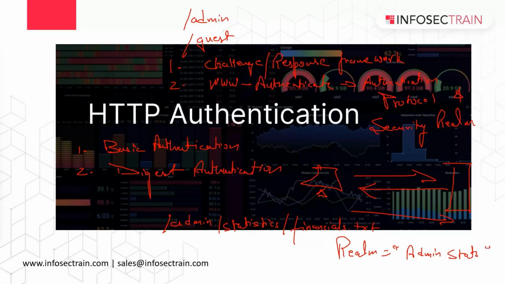So now what is the realm doing? It is telling the authorization. Yes. What if the realm equals admin stats? That means a normal user cannot access this resource, even if you are giving correct credentials, right?